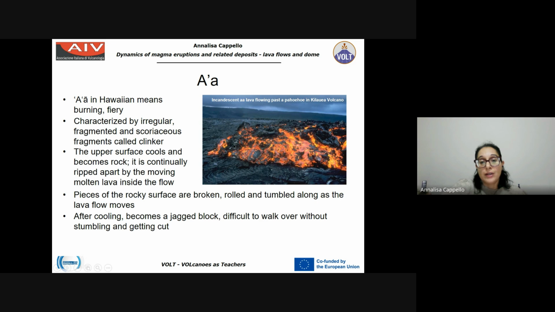Generally the upper surface cools and becomes rock, which is continuously ripped apart by the moving molten lava inside the flow.